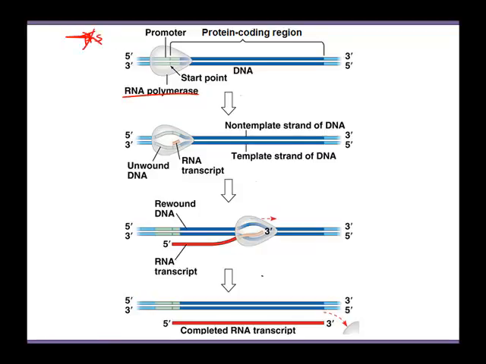They've been left out for the sake of simplicity. Here's the promoter. We've left out any enhancers, again, for the sake of simplicity. Here's our coding region. It's also known as the protein coding region in this image. RNA polymerase is going to unwind DNA, and that small little bubble right there is called, guess what? A transcription bubble.